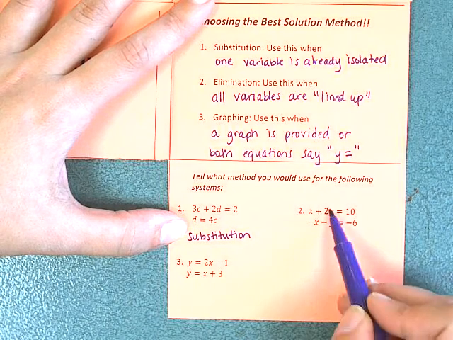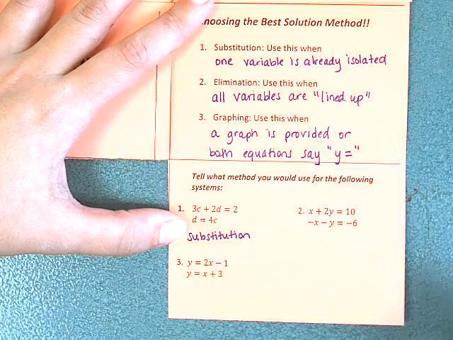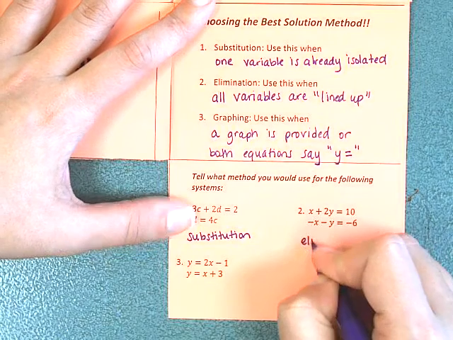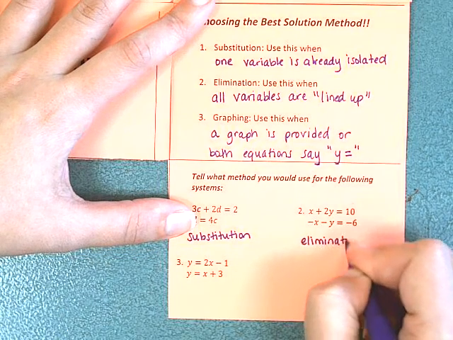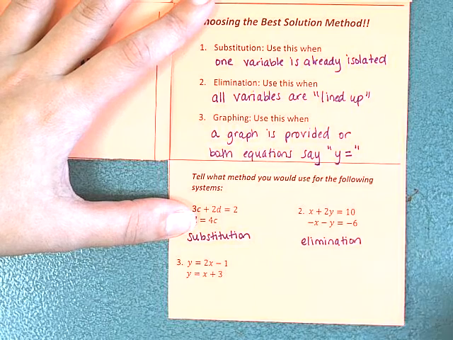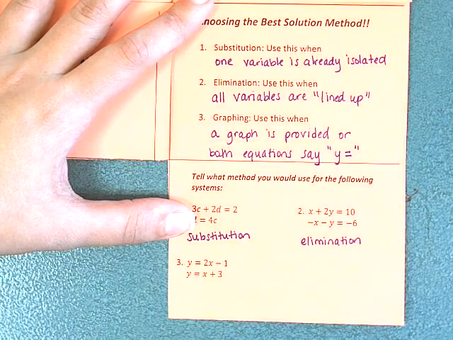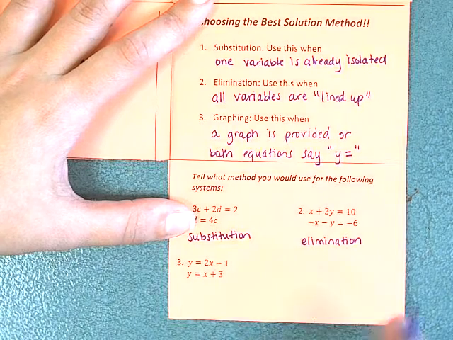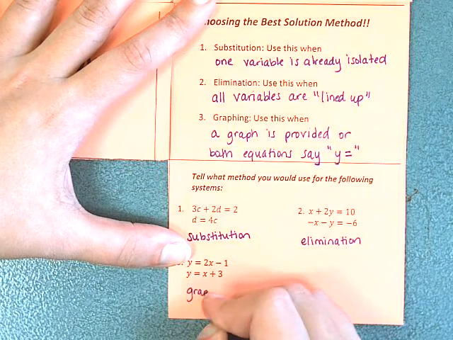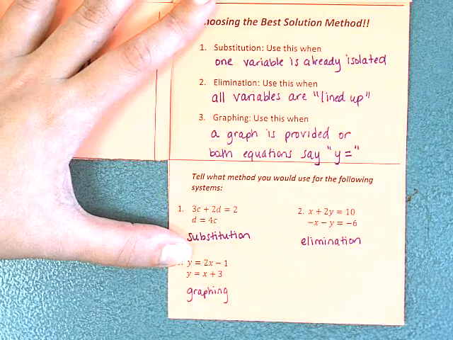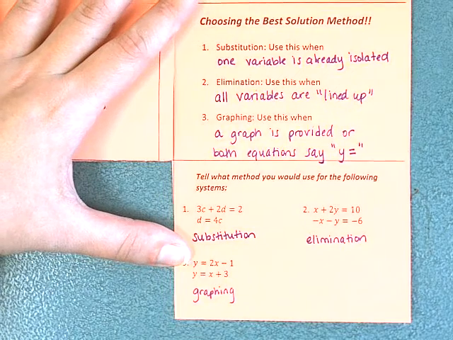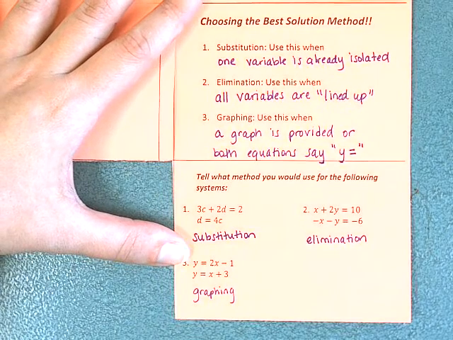The x's are lined up, the y's are lined up, the equals are lined up, the numbers are lined up. So I would use elimination to solve this problem. And lastly, in number 3, both of the y's are by themselves. So if I was given this problem, I would probably use graphing to solve this because those would be pretty easy lines to graph because I could just use my slope and my y-intercept.